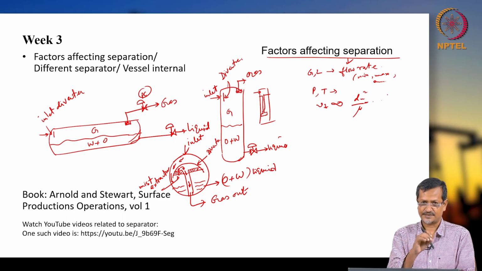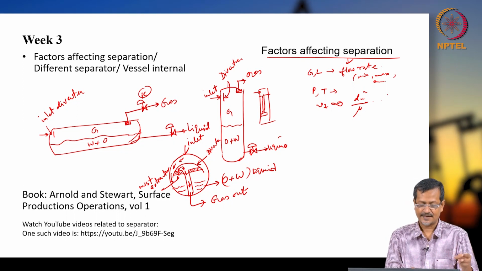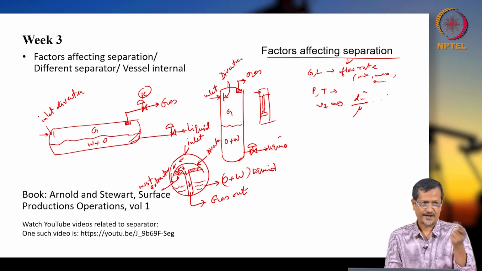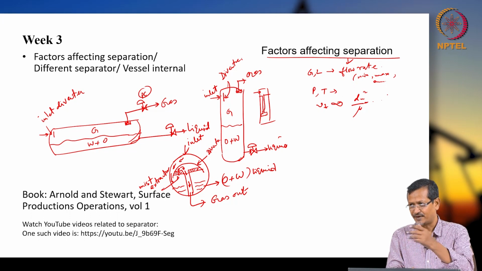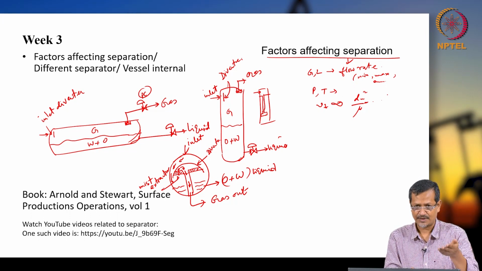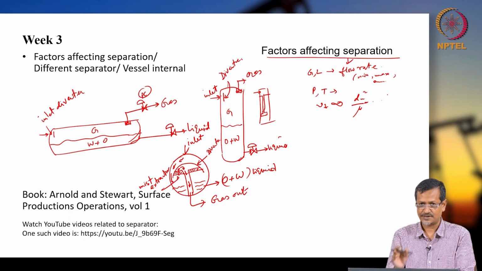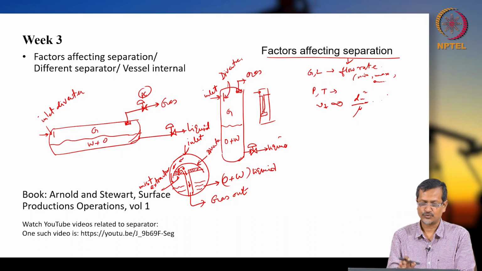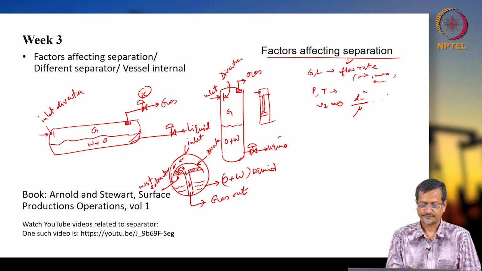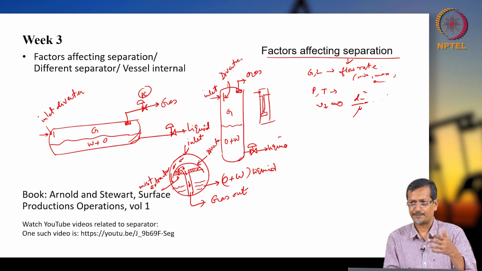If these are there other than oil and gas, your separation performance will change, because sand may block your flow path and paraffin will choke the items. Then accordingly you have to change your temperature, change your pressure, or resize the whole system. Those affect separation performance.